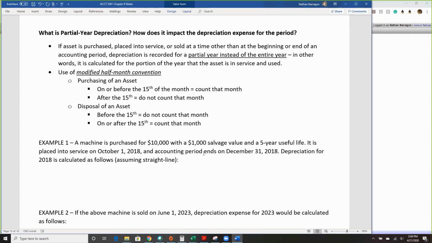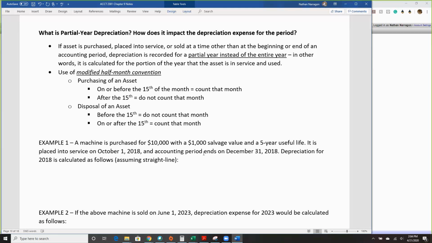If it's after the 15th, we do not count it. And disposal, so basically we sold the asset. If we sell it before the 15th, we don't count the month. We sell it on or after the 15th, we count that month.